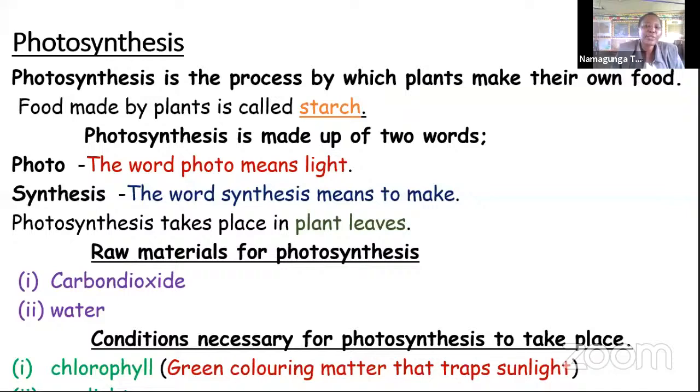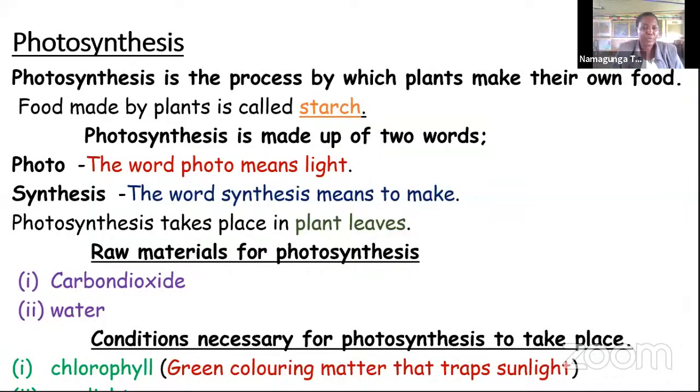Starch is a product of photosynthesis because it is formed when the raw materials and the conditions meet. When they meet during that process, starch is formed.